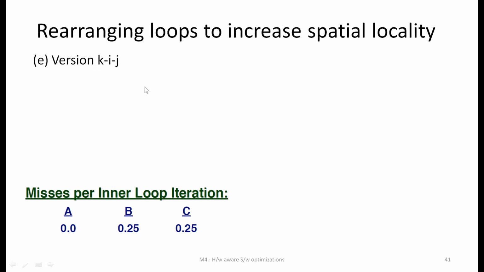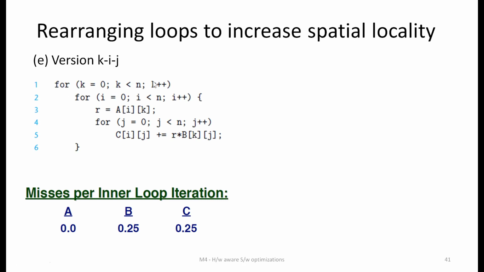Now let's look at another version, kij. Here the k loop is the outermost, followed by i and j.